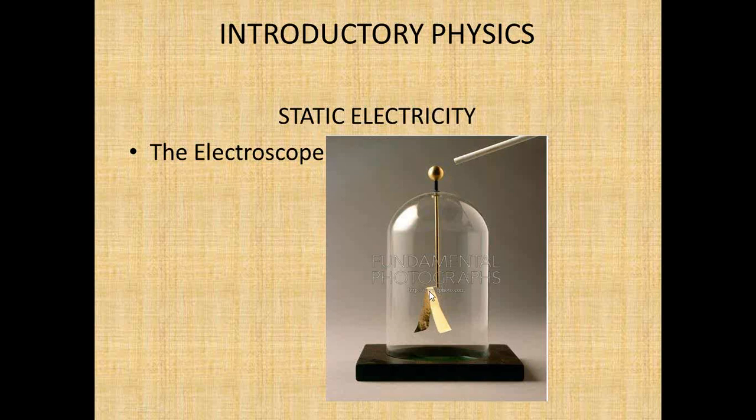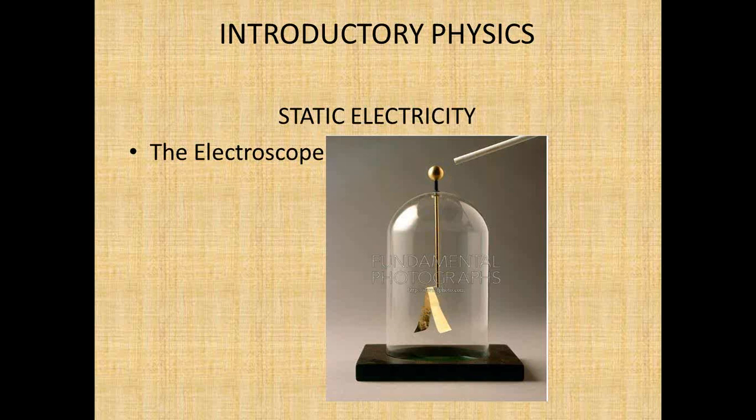If you were to charge this system, and each leaf is charged with the same charge, they're going to repel each other. So they're going to spread apart. The leaves are going to spread apart if they're charged similarly with the same charge. If they're neutral, they're going to touch each other.